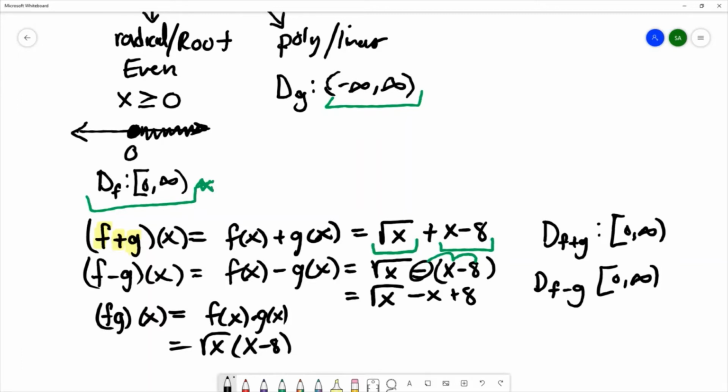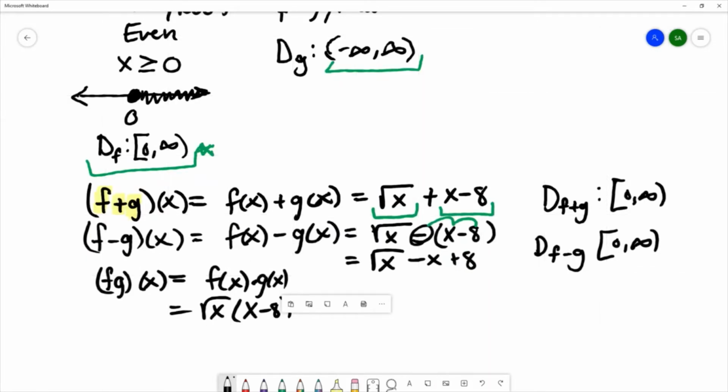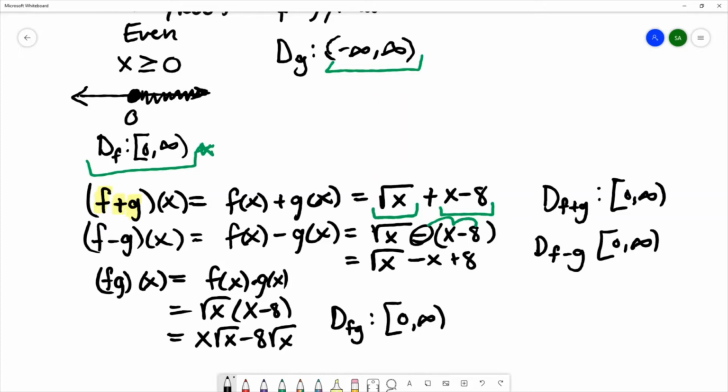We can leave our expression in this factored form, or if you would like, you could also use the distributive property, and with the distributive property we would get x square root of x minus 8 square root of x. And when we're looking for the domain, we're going to choose the most restricted of the two, which is that x needs to be greater than or equal to 0.